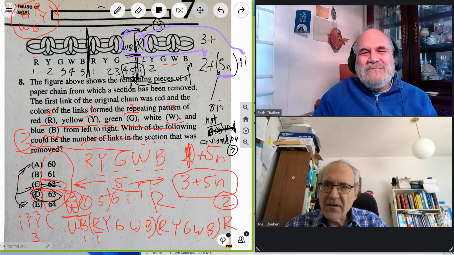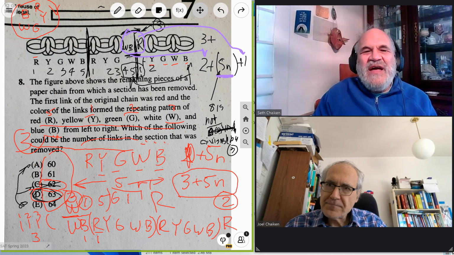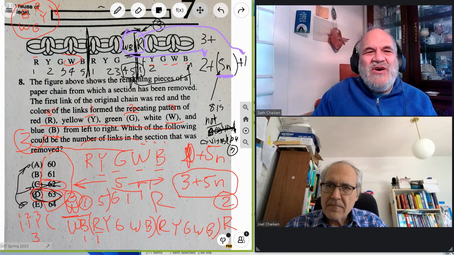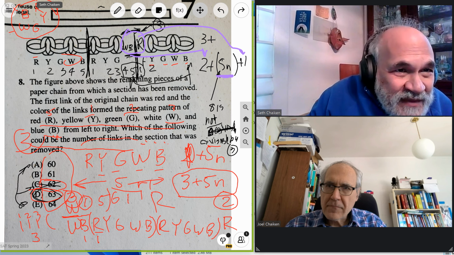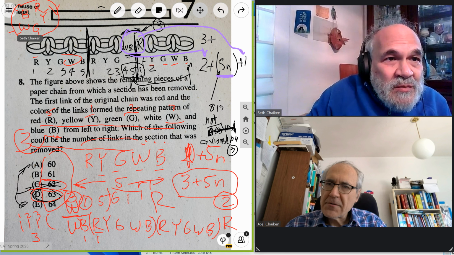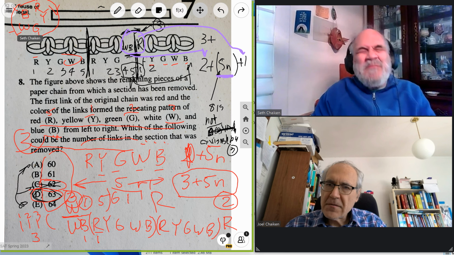So the rule is if you start anywhere in the chain, like here at W, you could read off the letters after the W by starting here. W is a W, and then blue, red, Y, G, W, blue, red, Y, G, W.